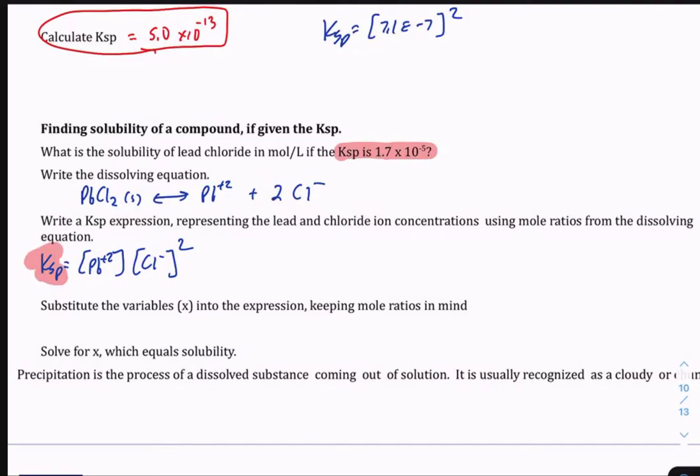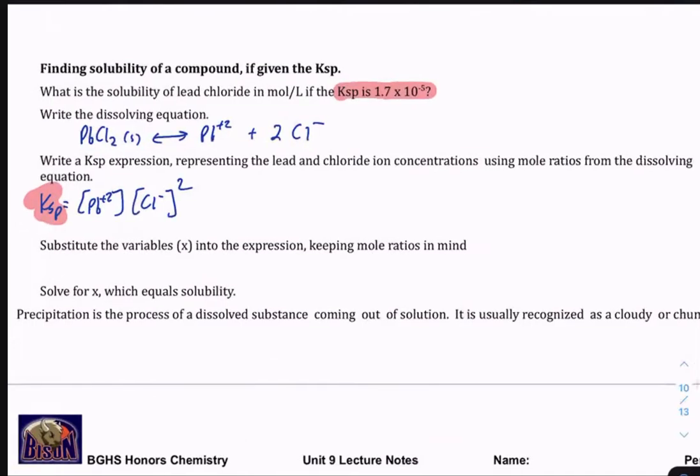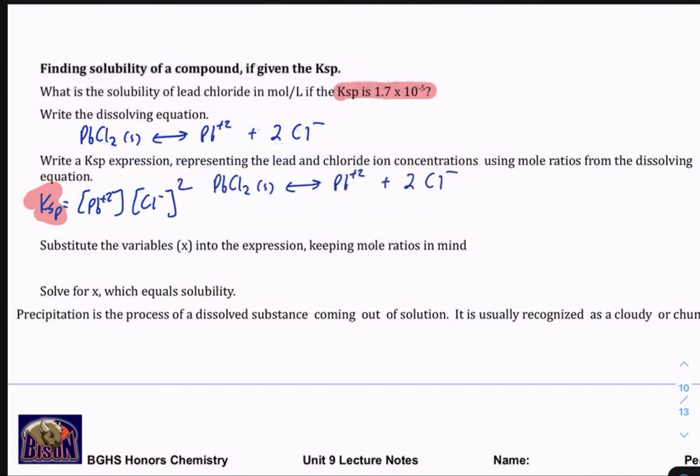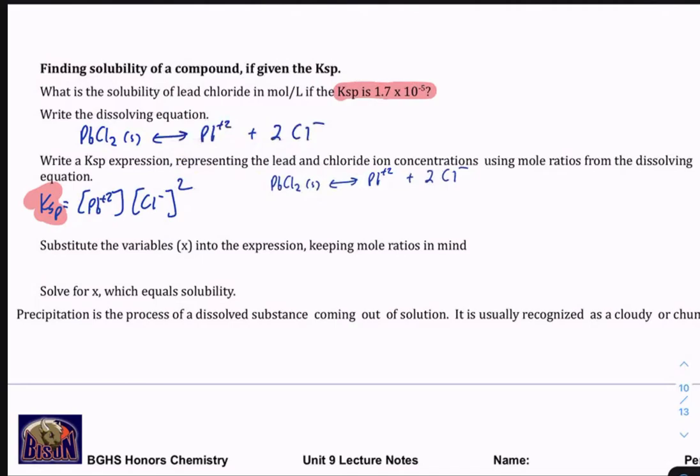So we need to figure out what the concentrations are, and that's what's going to tell us what the solubility is. All right. So first, it's helpful to write a little ice table. Just going to duplicate this, make a copy of it, so I can make a little table underneath it. And the reason why I say it's useful to do an ice table is because it points out the fact that one of these will be x and this other one will be 2x.